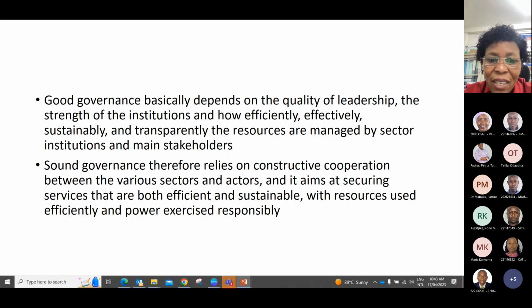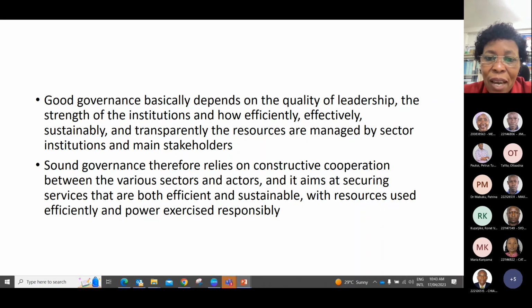So good governance depends on the quality of the person or a group or institution which actually takes the lead, and this is leadership. The leadership that we want for us to realize good governance should be a quality leadership. But then you can't have quality leadership and then you don't have strong institutions.